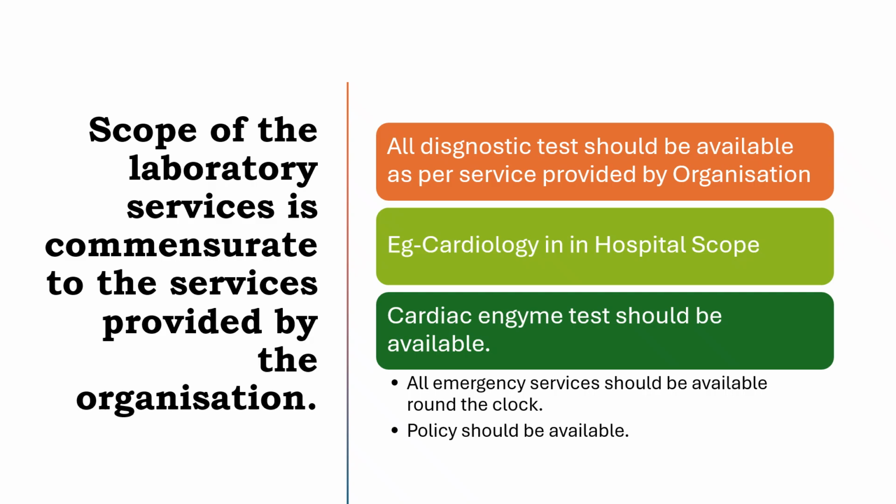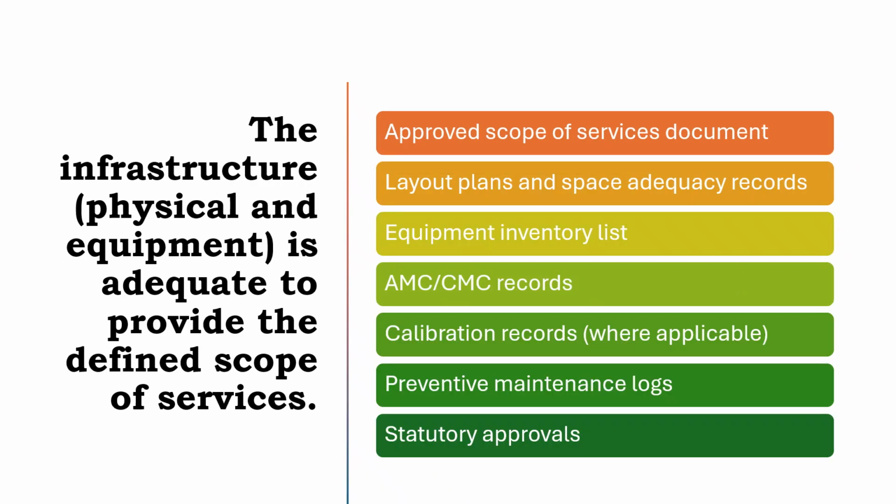If diabetes is in your scope of service, then you should have the HbA1c and all the tests in your lab. So it's based upon your scope of services. Whatever scope you are giving, as per that, whatever tests are required should be available in your lab. And all the emergency tests should be available in your lab, and your lab should function round the clock. Policies should be available for that.